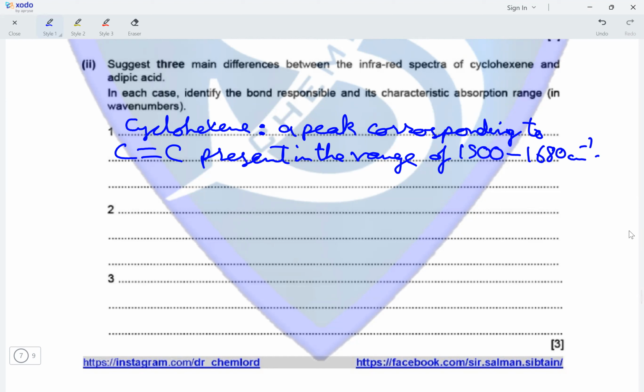So this peak would correspond to the double bonded carbon atoms in cyclohexene.